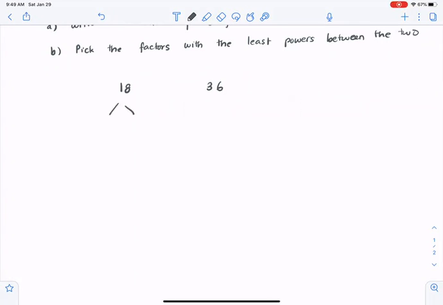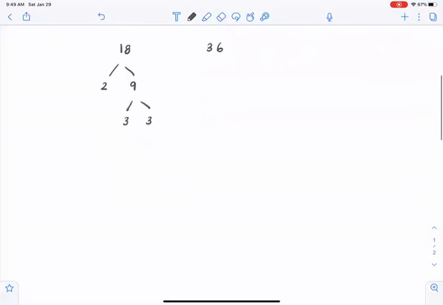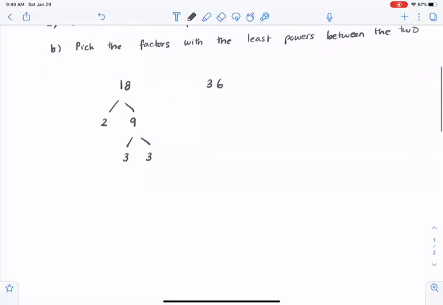So 18, I can write it as 2 times 9. 9, I could write it as 3 times 3. So 18 is 2 times 3 times 3, which is 2 times 3 squared.